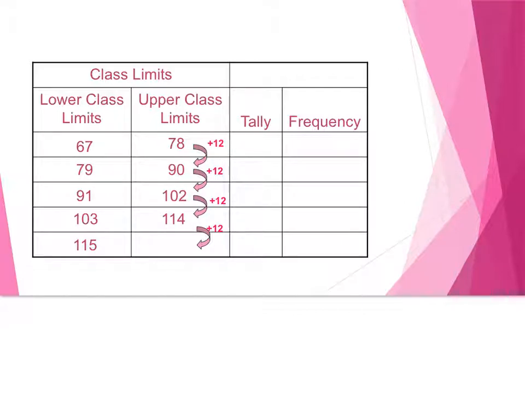If I have been using the logic where I'm looking back to find the last lower class limit, I add 12. What this means is that my first class goes from 67 to 78, 79 to 90, and so on.